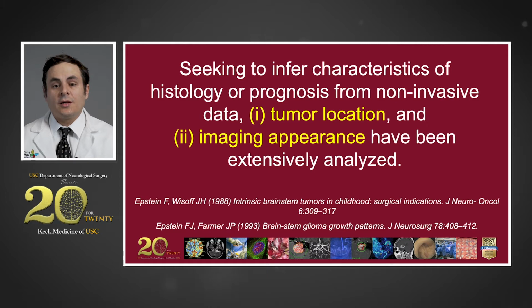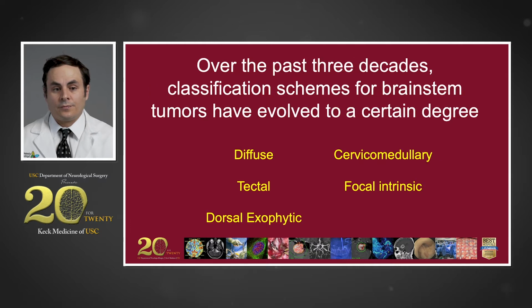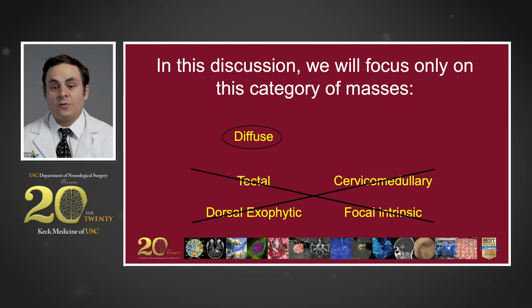So, looking to get at characteristics of histology or prognosis from non-invasive data, tumor location and imaging appearance have historically been analyzed quite extensively. Over the past 3 decades, certain classification schemes for brainstem tumors in the pediatric population have evolved with terminology that you see here. And for today's discussion, we'll focus only on this category of masses, the diffuse brainstem tumors.